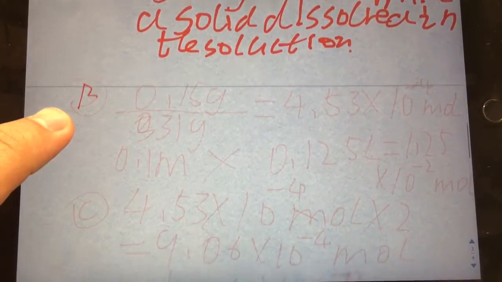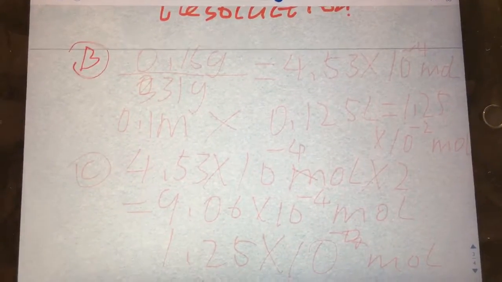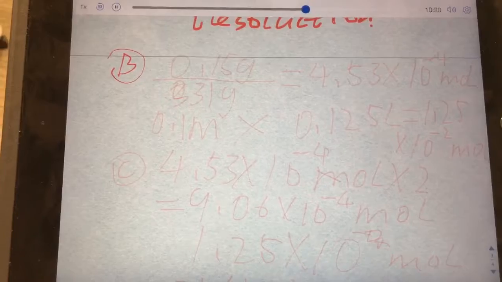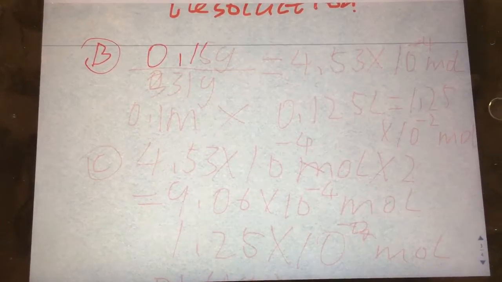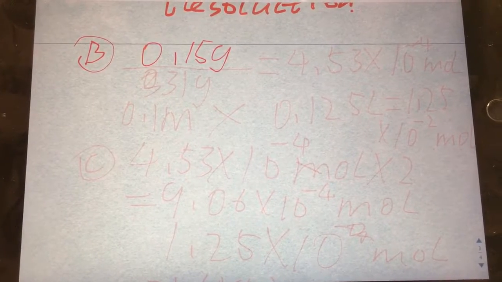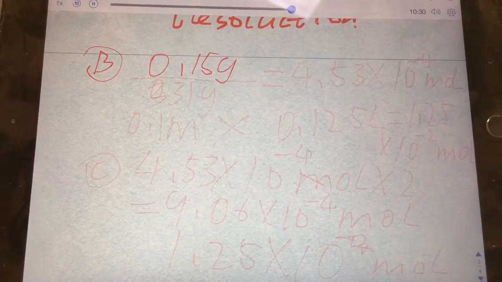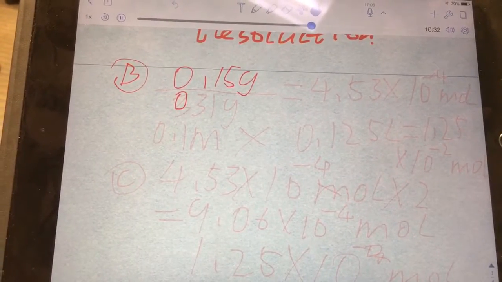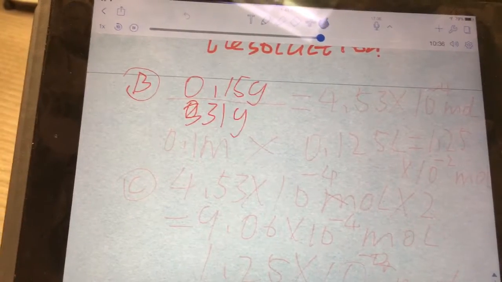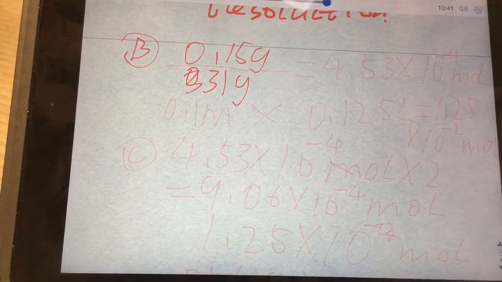For part B, we need to calculate the number of moles of each reactant. So we have 0.15 grams of lead nitrate and 301 grams as the molar mass of lead nitrate.